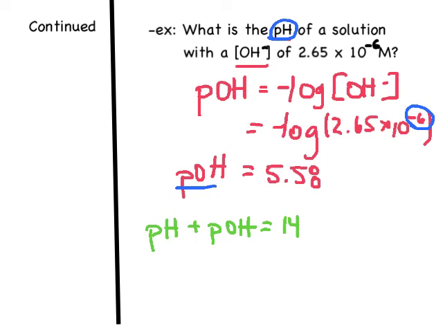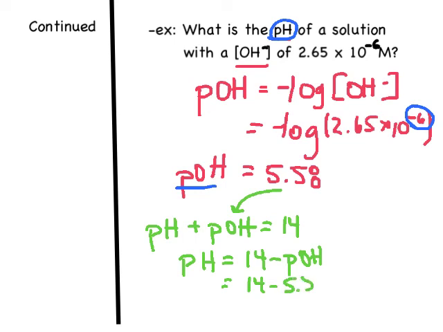So we can plug our pOH value in, and if we solve for pH, we're going to have 14 minus our pOH value. So if we do 14 minus 5.58, we get a pH of 8.42. So that there is our final answer.